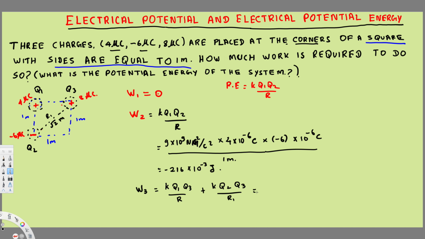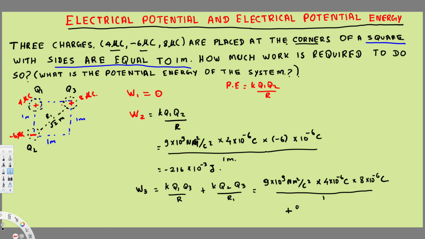So let's plug the values. K common, maybe. So 9 times 10 to the power of 9 Newton meter square over Coulomb square times the first charge Q1, that is 4 times 10 to the power of minus 6 Coulomb, and Q3 is 8 times 10 to the power of minus 6 Coulomb, divided by 1, plus this one, K Q2 Q3 over R1.